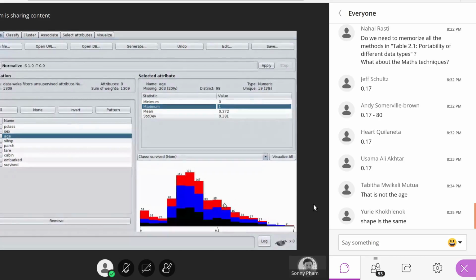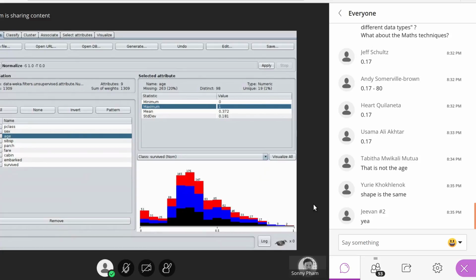What about the shape? Yeah, the shape is the same, right? That is a very important property. Scaling and normalization, or even standardization, as you will explore, will maintain the properties or the shape of the distribution.